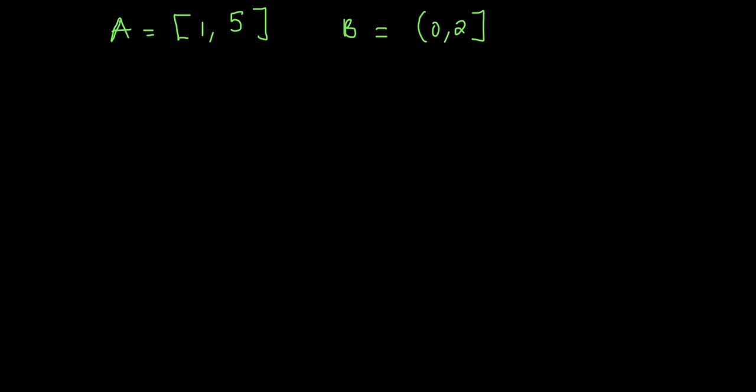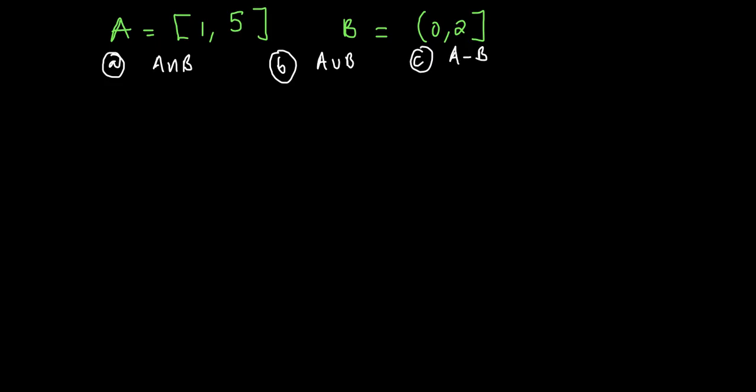The first one we want to find is A intersection B. The second one is A union B. The third one is A minus B.